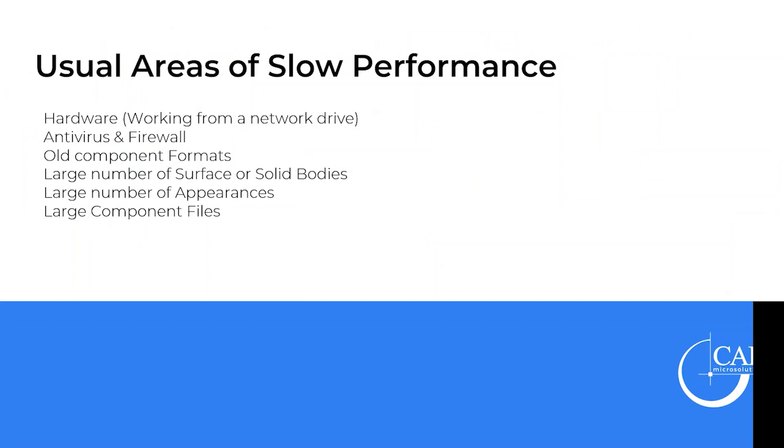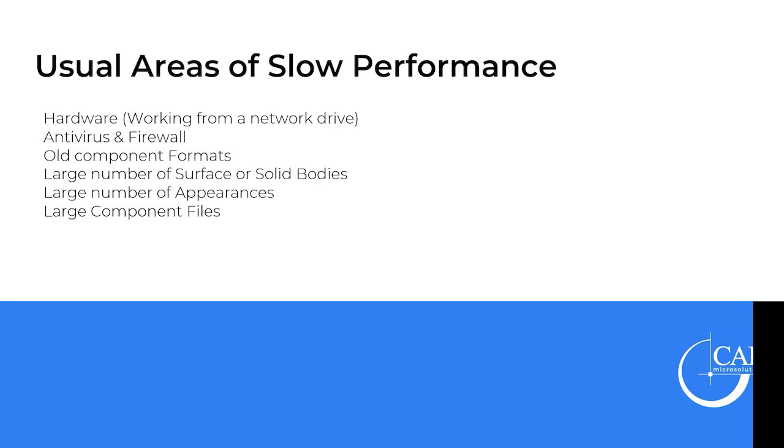So, usual areas of slow performance. One is hardware, and working from a network drive. Recently I did a test, and I highly recommend everyone should do this on their own machines as well. If you are working from a NAS or a network drive or server directly without using a way to cache the files locally, what I noticed in my own testing was that the open time was more than double. I had a large assembly of about 8,000 components.